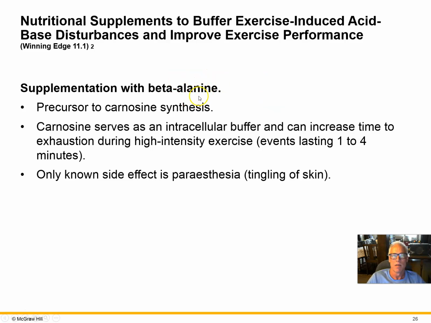Beta-alanine, you can buy that in the supplement store, and it'll actually result in the production of more carnosine in your cells, and carnosine is one of those buffers in your muscle cells. So you can take sodium buffers, but you can also take beta-alanine to help you improve the buffering capacity of your type 2X muscle cells, those high-intensity, fast contracting, highly fatigable muscle cells.